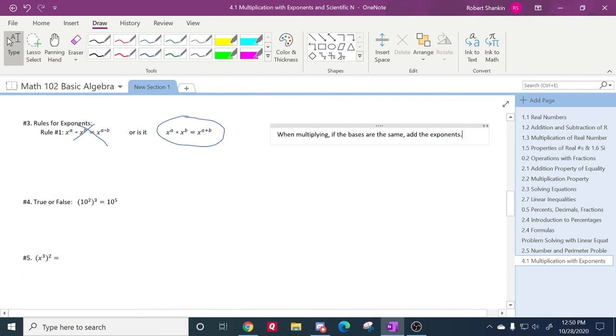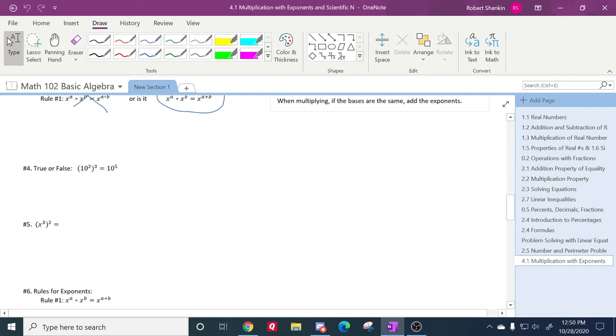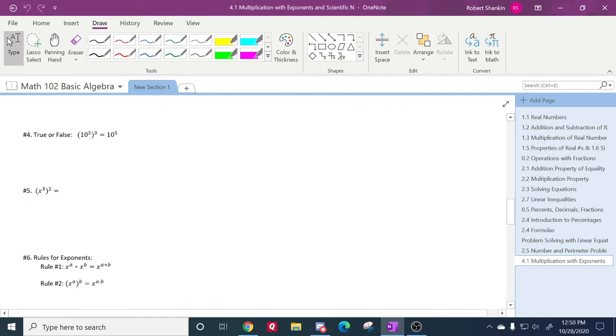Alright, now that's one of the properties. We're moving really fast today because we only got half an hour. We're going to go to this other property. x to the 2nd to the 3rd power. True or false? Does that equal x to the 5th?